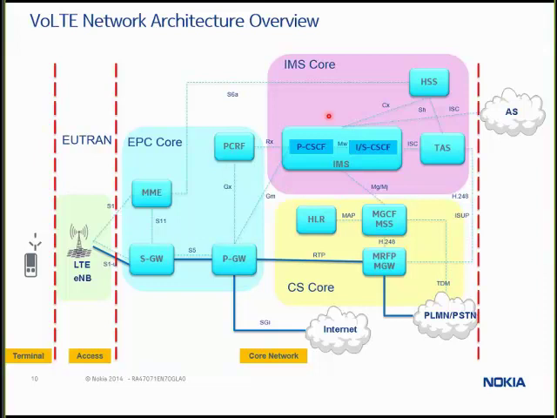Now, these were all authenticated utilizing something that was a part of the IMS core, or IP multimedia system core, called the home subscriber server. Now, that home subscriber server is really a big authentication mechanism for the network.